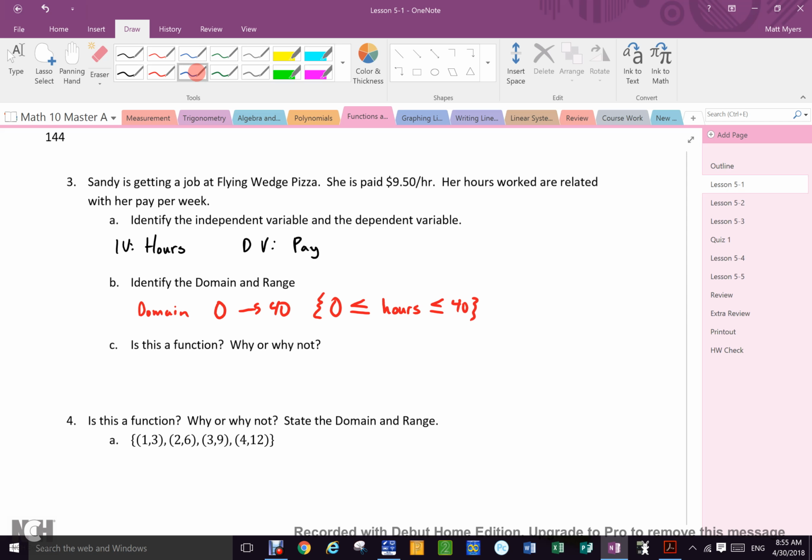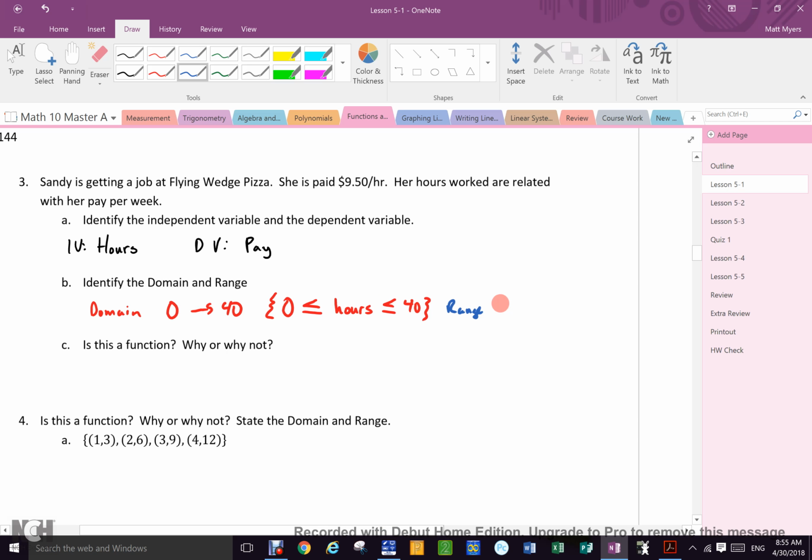What then is the range, which I'm going to draw in blue? What's the lowest amount of money she could earn? 0. Now this one's tricky, because she could work any amount of hours between 0 and 40, can't she? She could work 1, 2, 3, 4. Can her pay be any value?